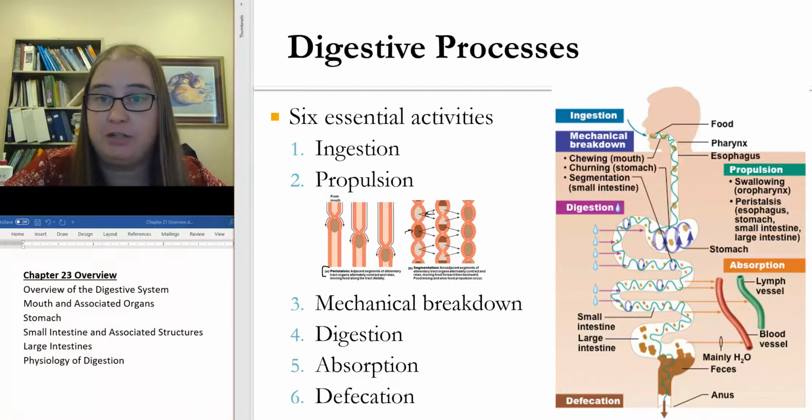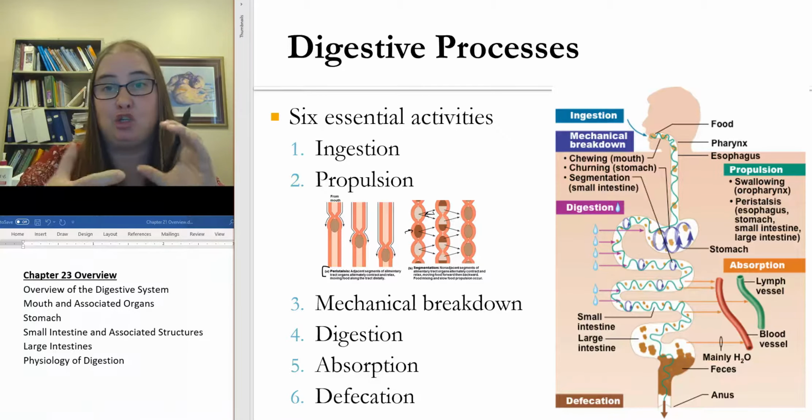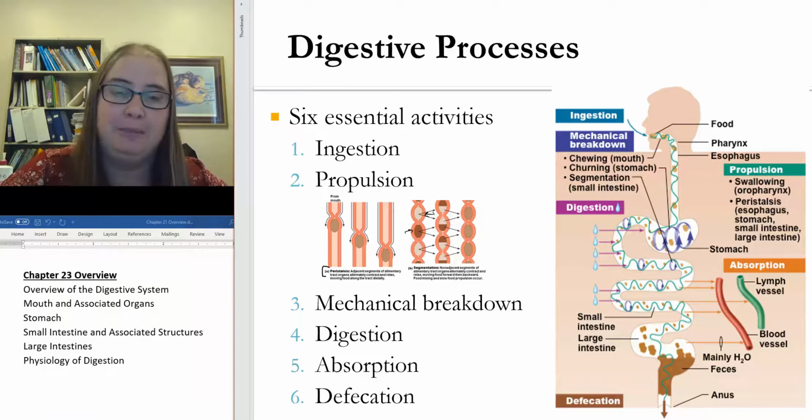Various areas in our digestive system carry out mechanical breakdown. For example, the mouth with chewing, and the stomach, which does some mechanical breakdown while it's churning, and we'll talk about that more when we get to the stomach. And the process of segmentation that we just talked about is also a type of mechanical breakdown carried out by the digestive system.